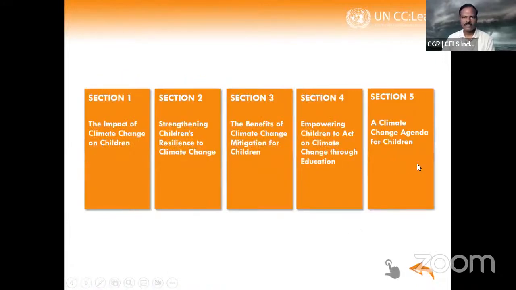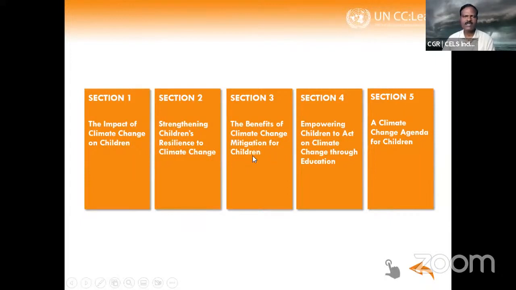So these are the aspects in section 1, section 2, section 3, section 4, and section 5. First is the impact of climate change on children, because children constitute one of the most important categories of people globally, also by numbers. Then strengthening children's resilience to climate change, and benefits of climate change mitigation for children.